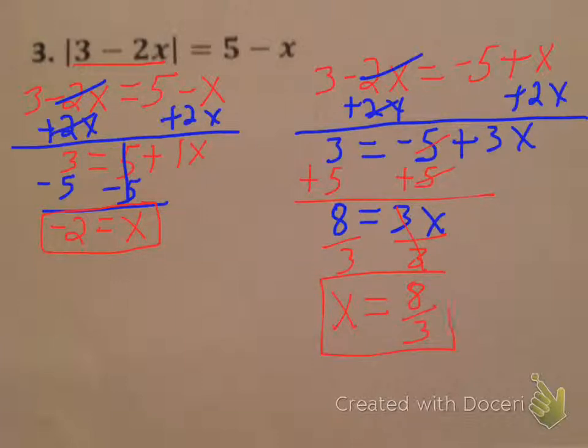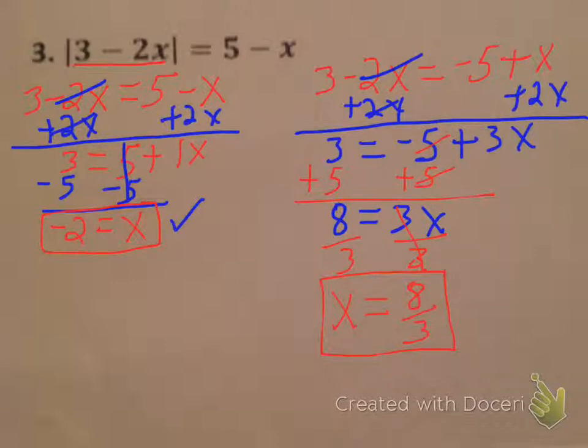8 divided by 3. Now I'm going to check them, I'm just going to plug back in. Negative 2 times negative 2 is 4, so 3 plus 4 is 7. Absolute value of 7 is 7. 5 minus a negative 2 is 5 plus 2, which also gives us 7. So the first answer, x equals negative 2, is a good answer. Now I'm going to check 8 over 3.